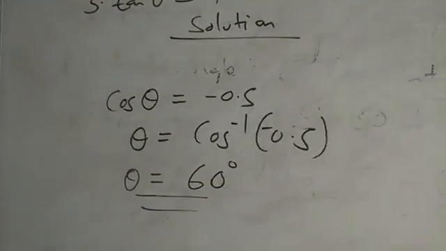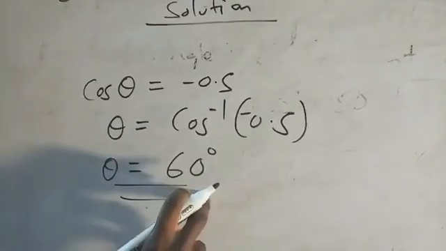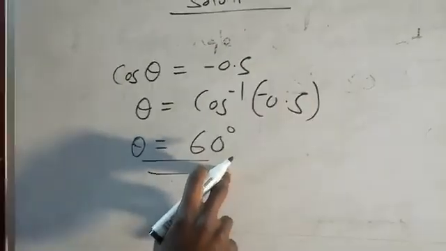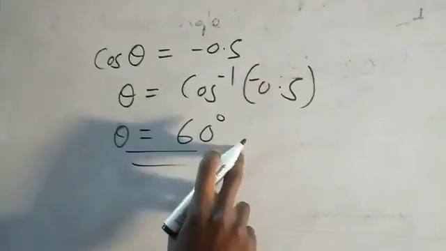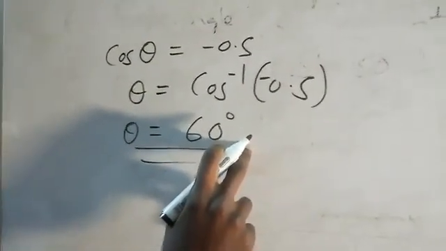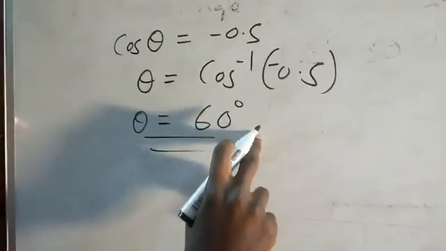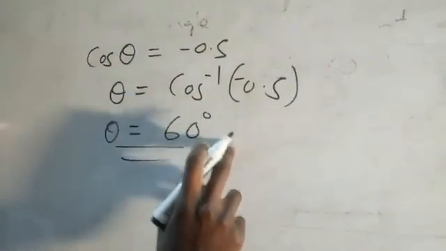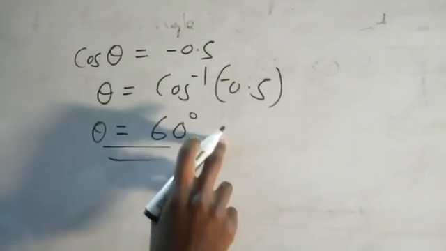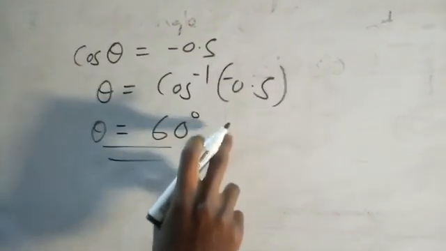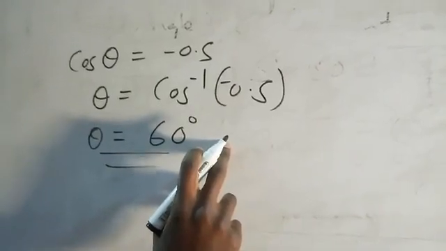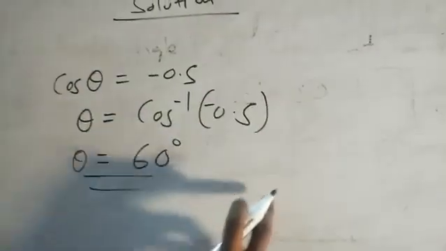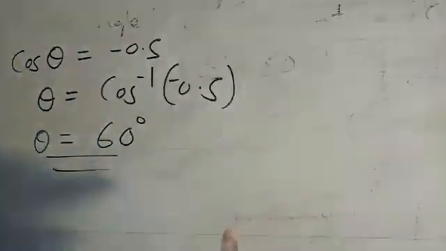But this is the acute angle, which is in the first quadrant, and we know that for the cos of an angle to be negative, it has to be in the second or third quadrant.